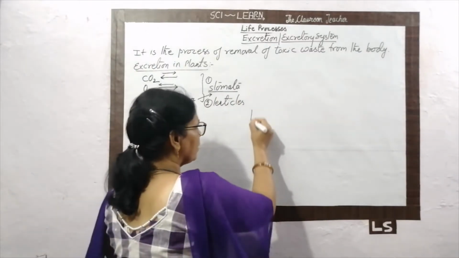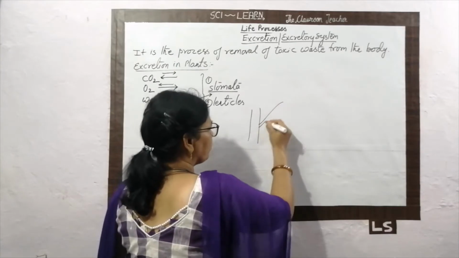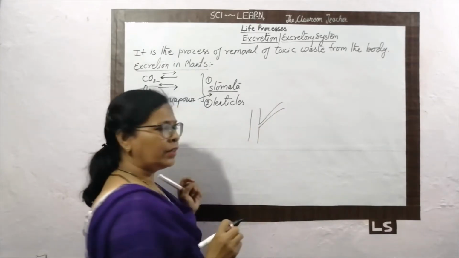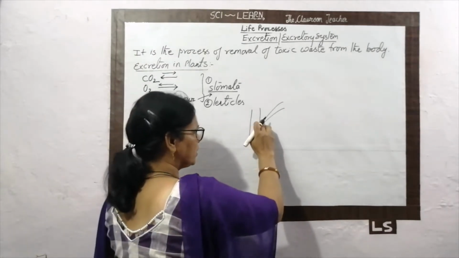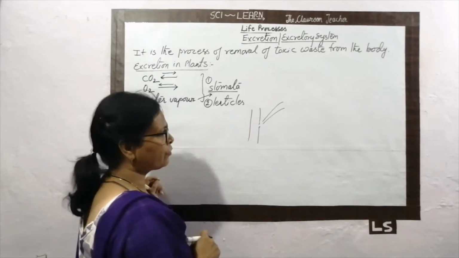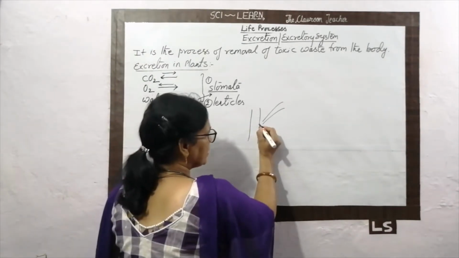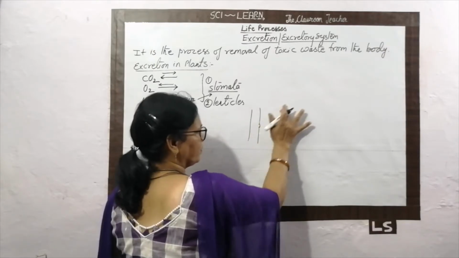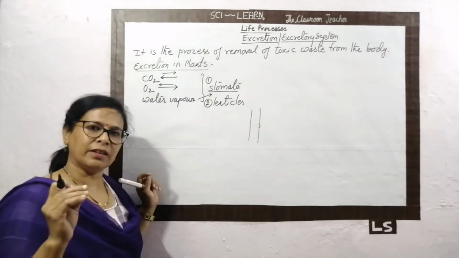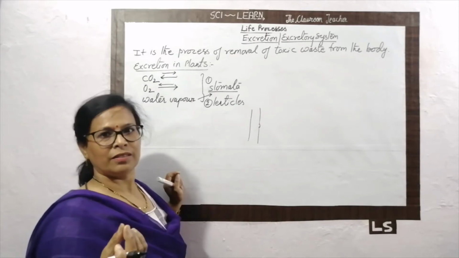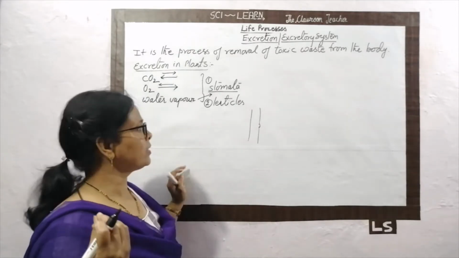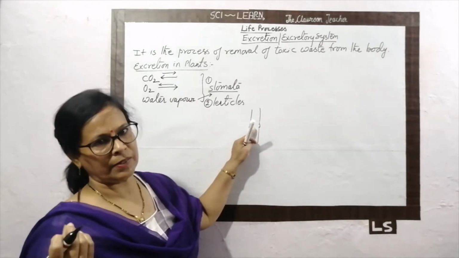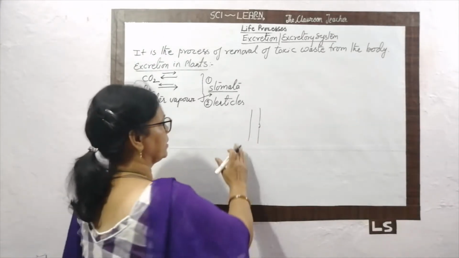This is the plant, and this is one branch. Suppose this branch is cut down and falls, so this place is an open place, and it is able to release water, liquid, oxygen, carbon dioxide and water vapor. This is called the lenticel.